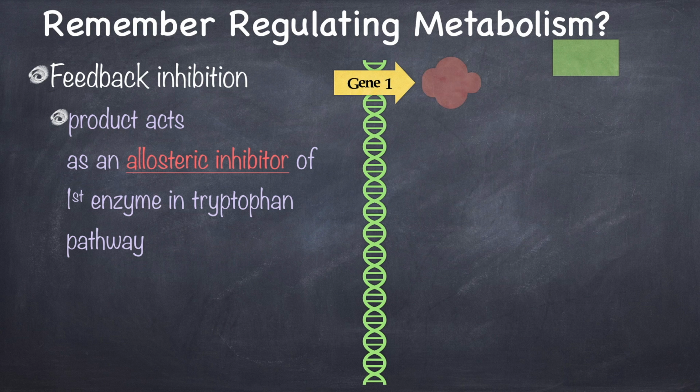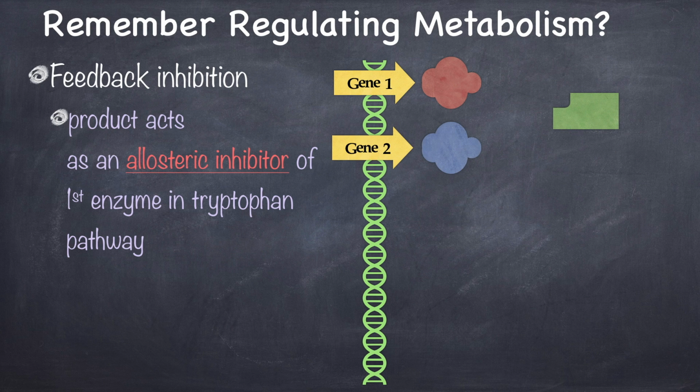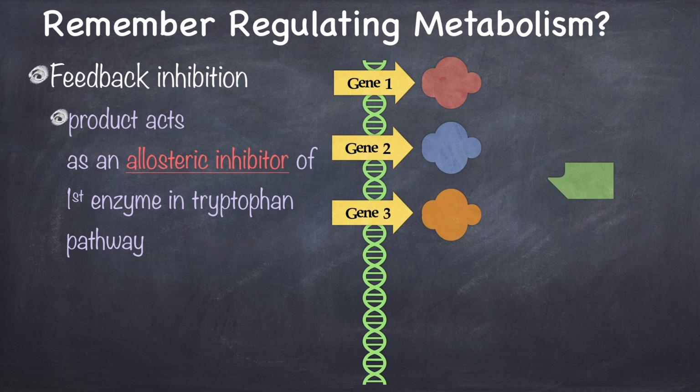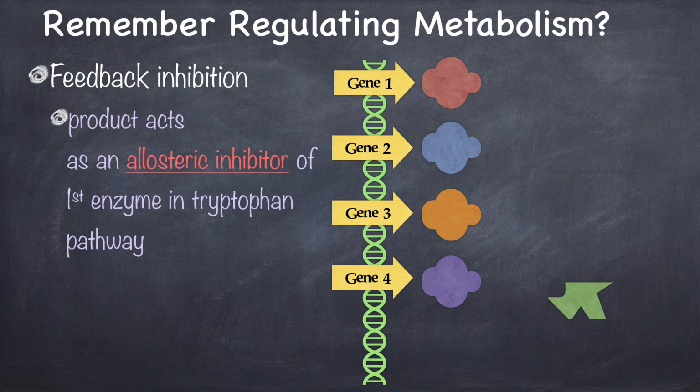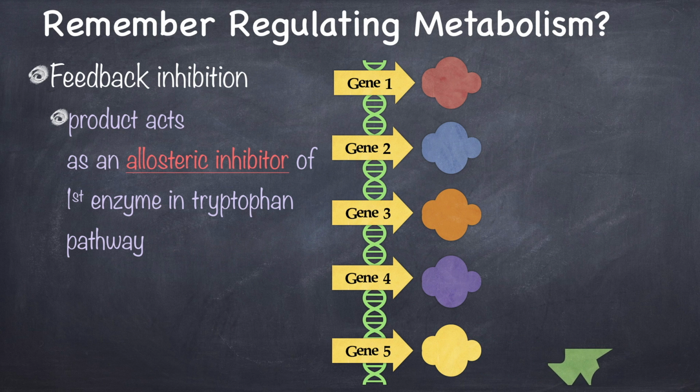So in this case, we would have a gene which would be translated for a specific enzyme, and this would then produce a product which could then go into the next enzyme that was being translated for, and then following suit, where each gene is being translated, until we end up with our final product.